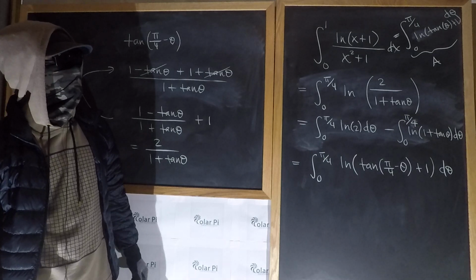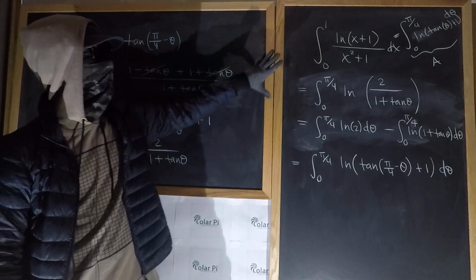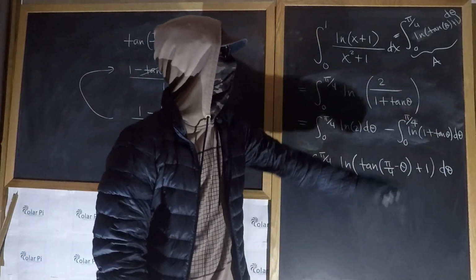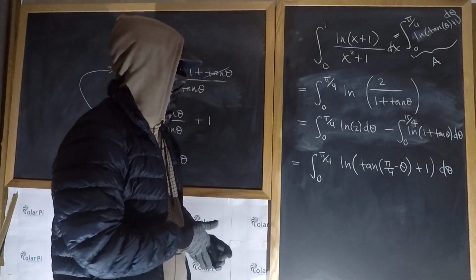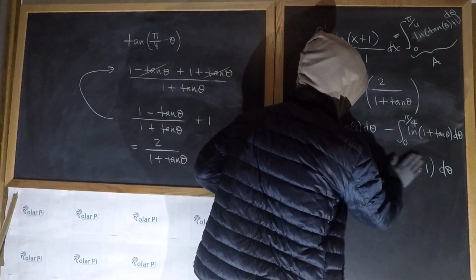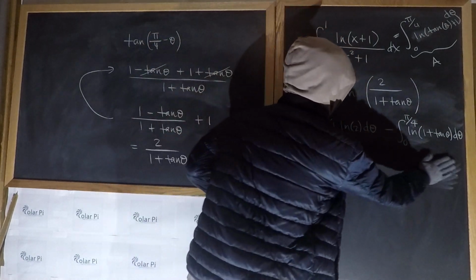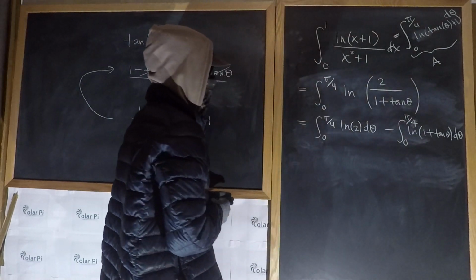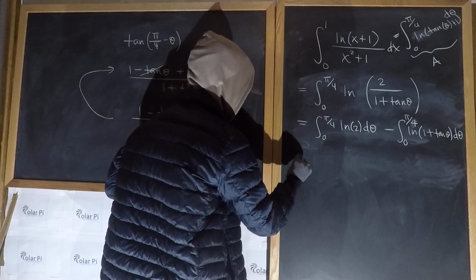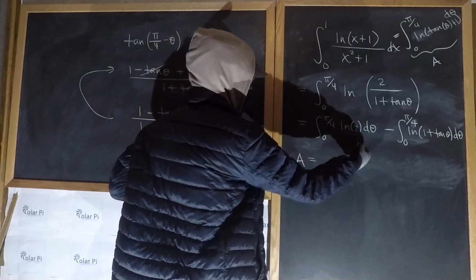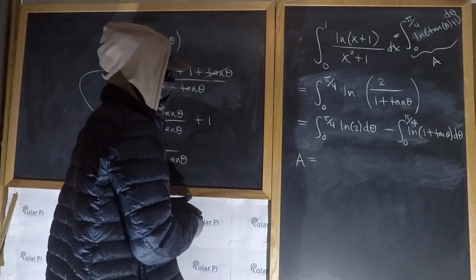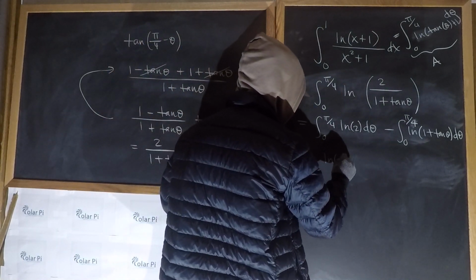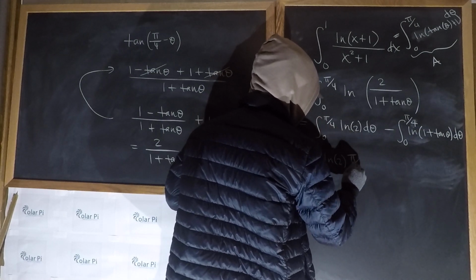Okay, so the reason why I reminded you of this here is so that we can call it a and substitute, right? So where we're at now is that the original integral, this here, which is the same as this here, which we've called a, right? A is equal to, what is this? This is just the natural log of 2 times theta evaluated from 0 to pi over 4, which is the natural log of 2 times pi over 4.